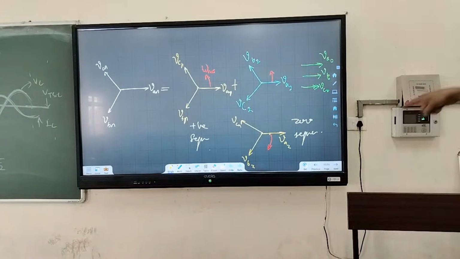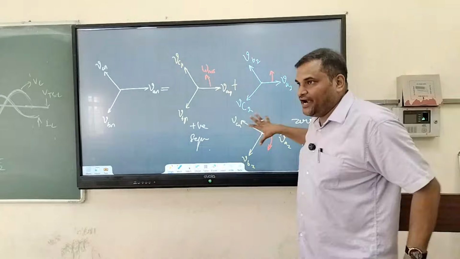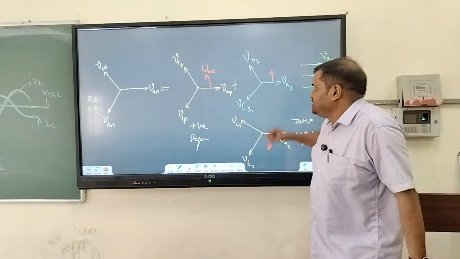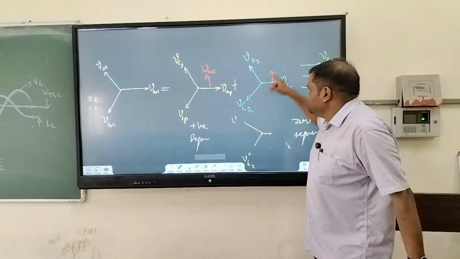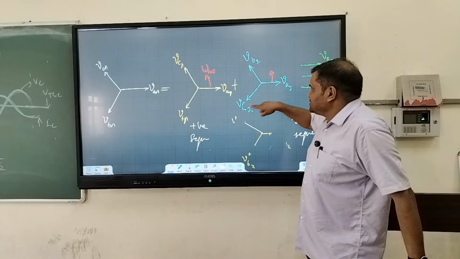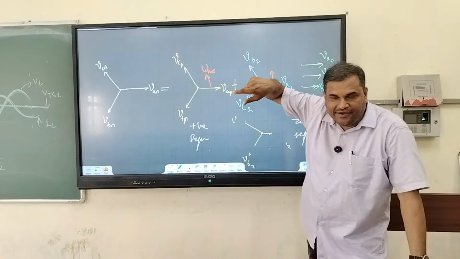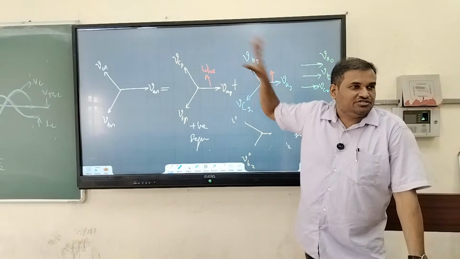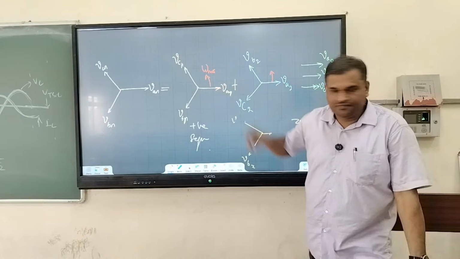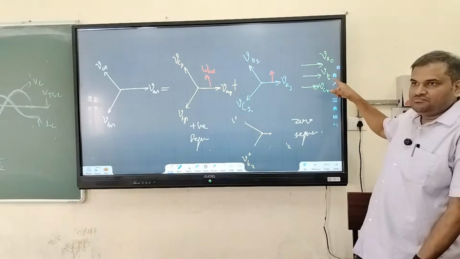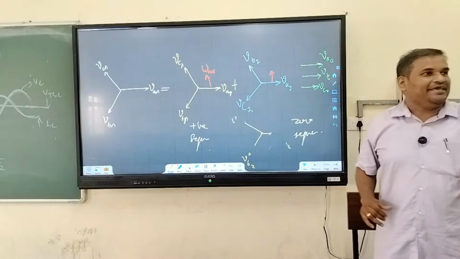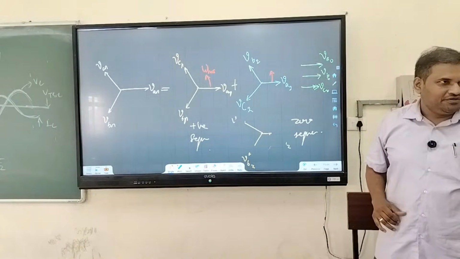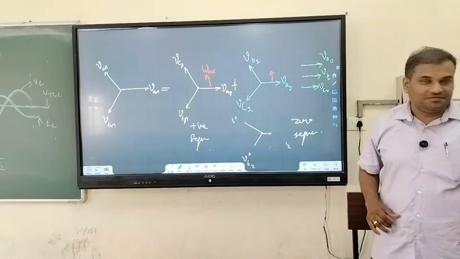I can say the same yellow picture over here is rotating anti-clockwise or clockwise, but it will not be perfect. Rather, I will say that this is A, C, B, and it is rotating anti-clockwise. This is negative sequence. Zero sequence is three sinusoidal voltages, but they are not lagging from each other, they are co-phasors. So this is zero sequence.